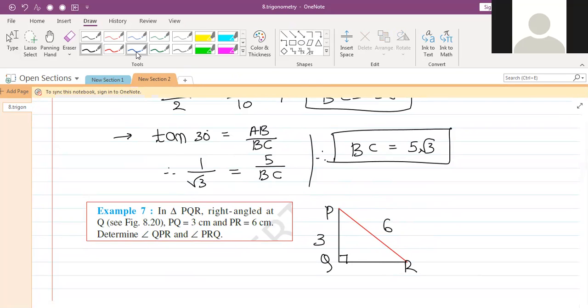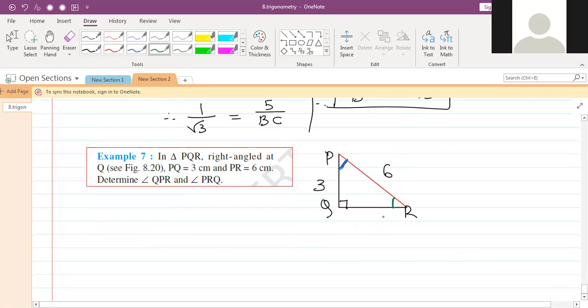Then we can determine angle QPR, that means this angle P, and angle PRQ, that means this angle R.